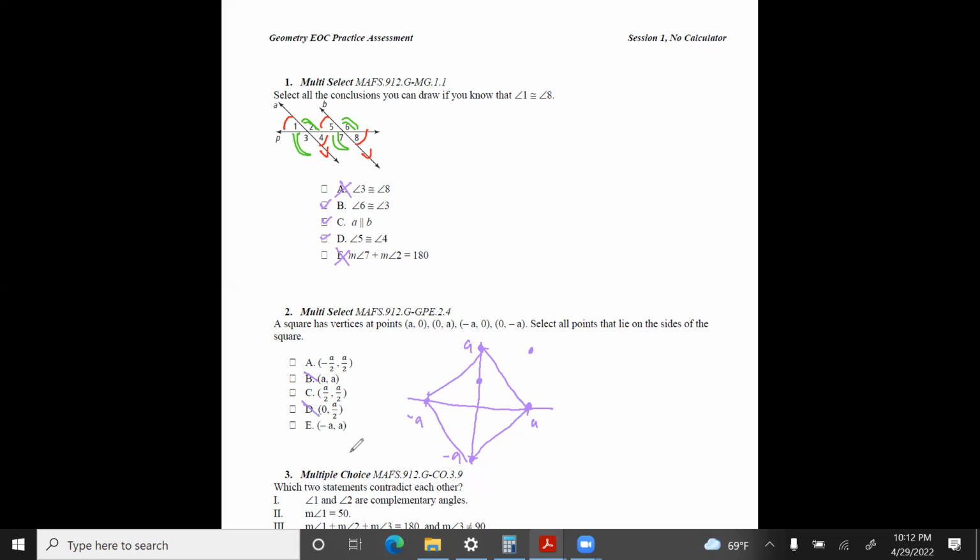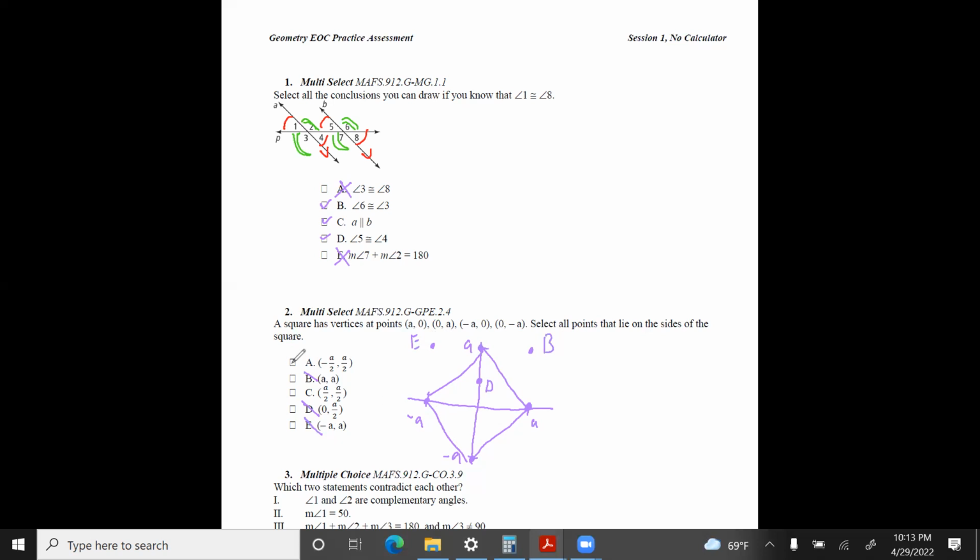So D doesn't work. And then E, kind of like A, also doesn't work. Negative A, positive A is way up there to the left. So just to make sure you know which points are which, this is B, this was D, and this was E.